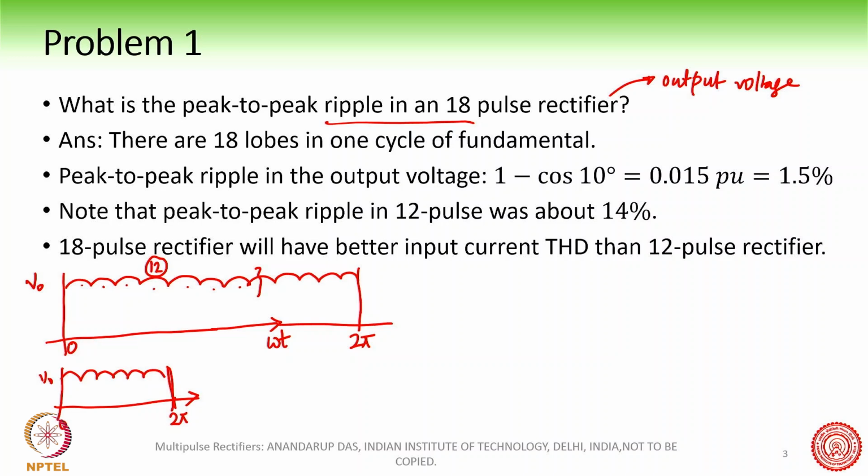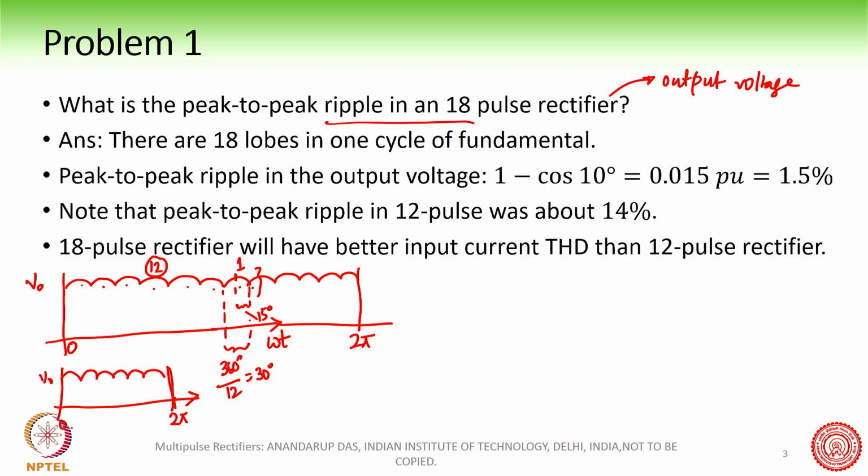In the 12 pulse rectifier, with 12 such lobes, suppose the peak value is 1 per unit. Each lobe duration is 360 degrees divided by 12, which is 30 degrees, so half of this duration is 15 degrees.